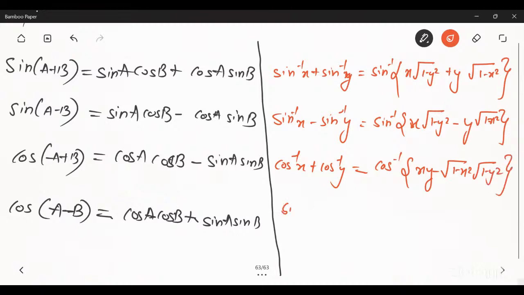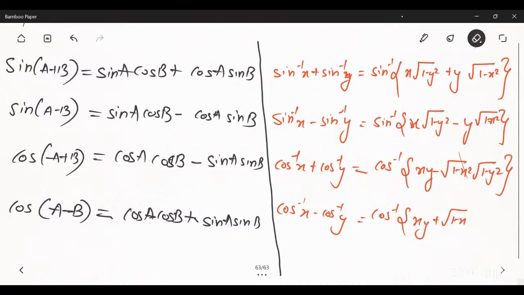Now the next formula: cos inverse x minus cos inverse y is equal to cos inverse of xy plus under root 1 minus x square into under root 1 minus y square.